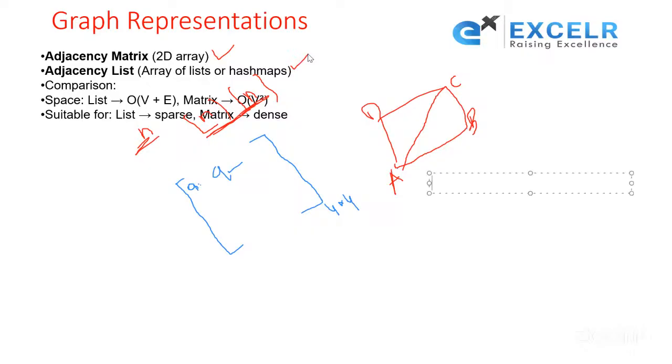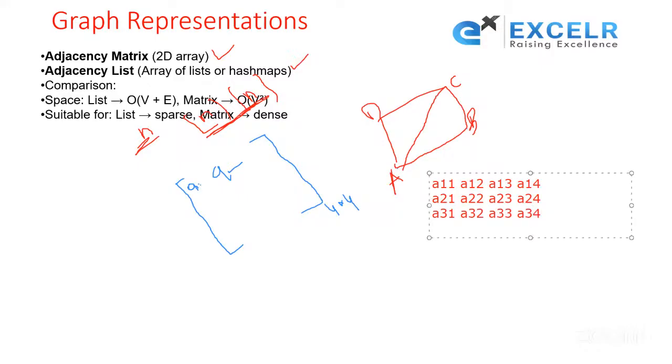If you have the matrix, it would be A11, A12, A13, A14. Then A21, A22, A23, and A24. Then A31, A32, A33, and A34.